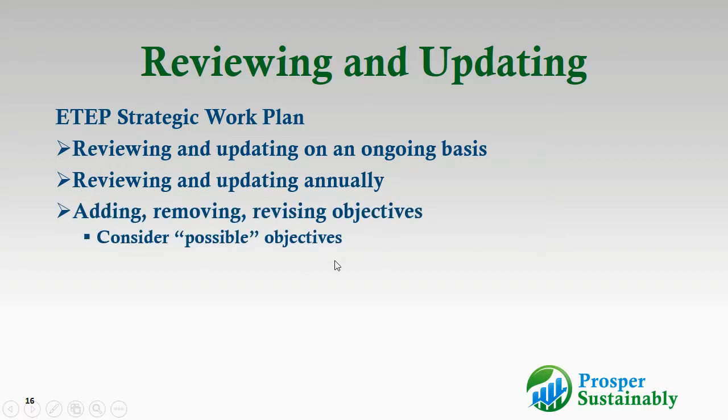And as you're doing this, you'll want to be adding, removing, and revising objectives. And you're also going to be considering those possible objectives as well. So you can be evaluating those and considering whether to incorporate those into the plan. It's also a good time to add, remove, and revise goals. These are more set in stone. I mean, they can be changed, but they're long-term overarching goals.